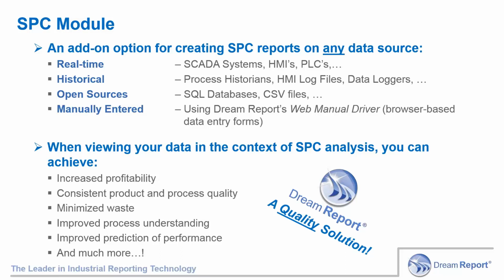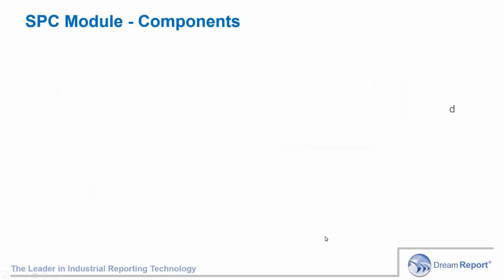Better understanding of your process, looking at maybe machine or tooling wear over time and seeing whether your process quality goes down relative to the number of cycles on a piece of equipment. All of those things help with improved prediction of performance, quality, and so much more, looking at your data from an SPC perspective.